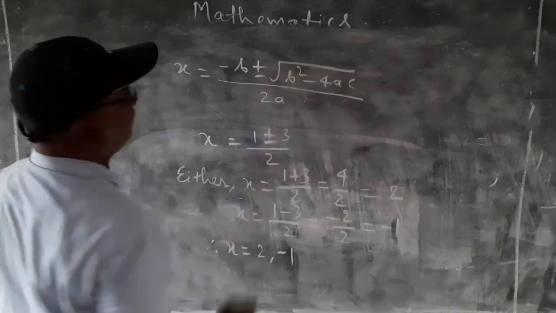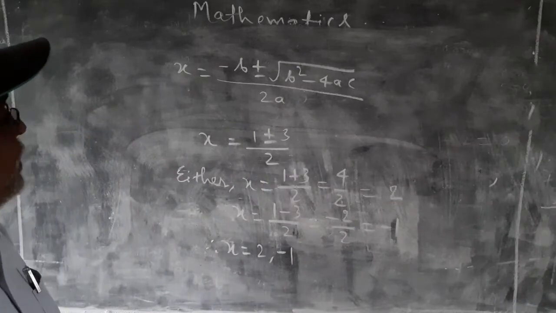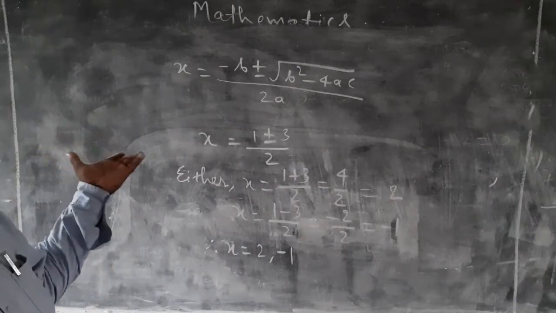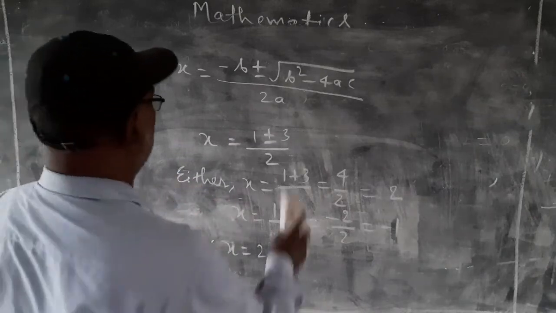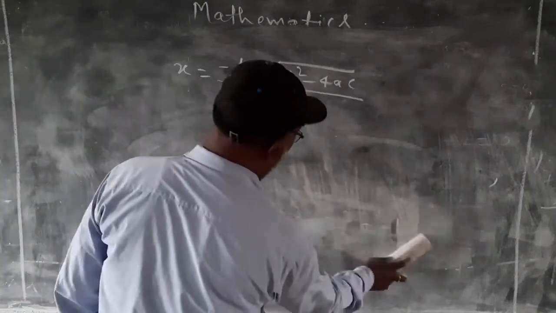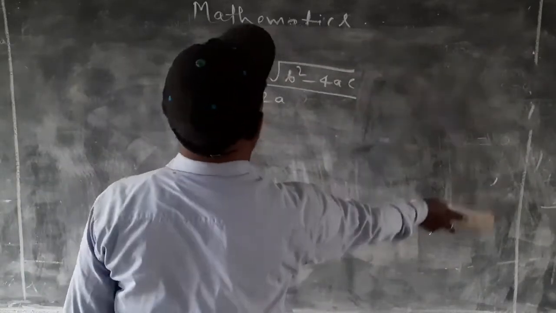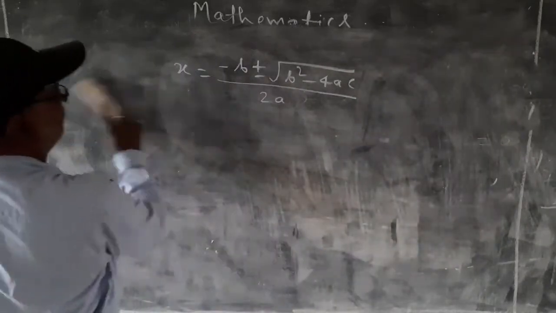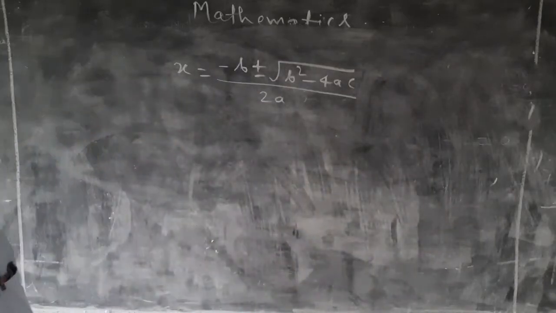Actually, this formula is obtained by the completing square method. Therefore, the completing square method and the formula method are the same. It is also known as the formula method, because you apply the completing square method to obtain the roots of the equation.